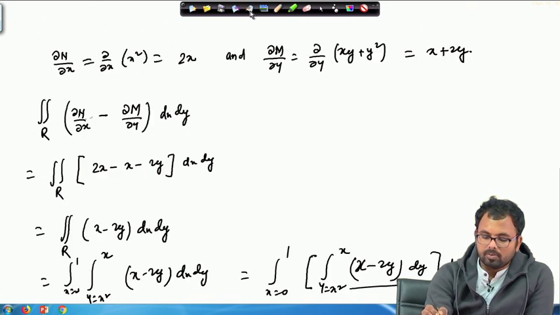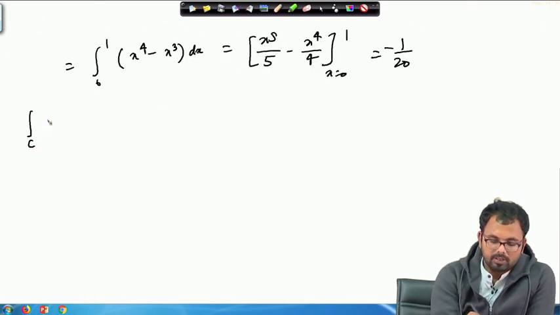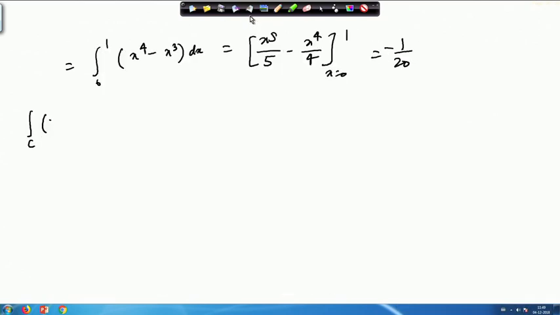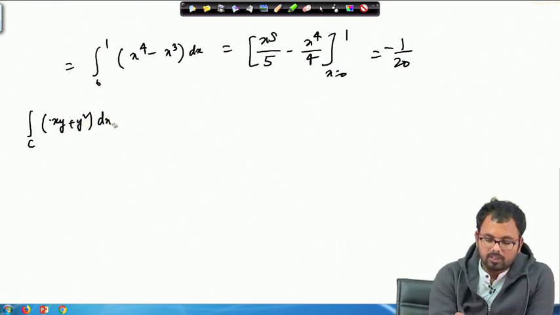So, if we go back, this is our C, M is basically xy plus y squared. So, (xy plus y squared) dx and N is x squared dy.